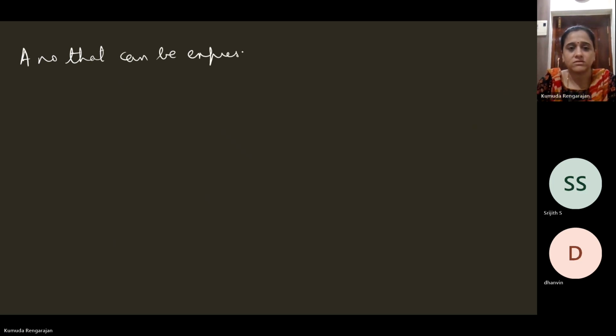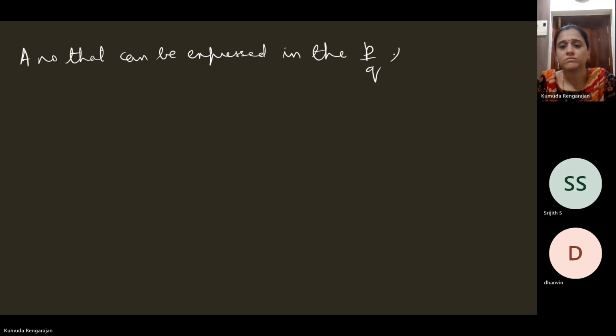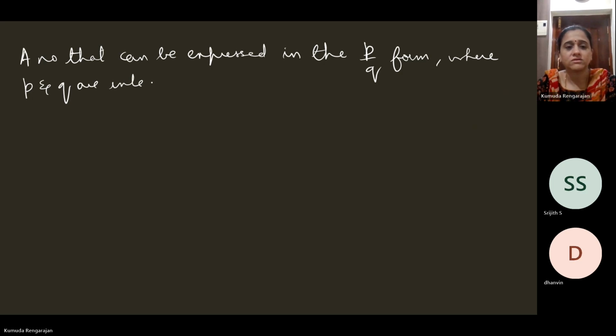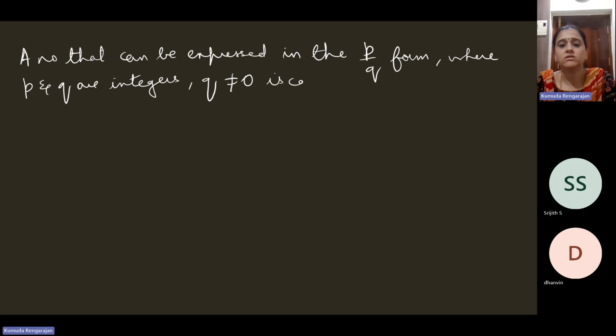Now coming to the definition of rational numbers. A number that can be expressed in the P by Q form, where P and Q are integers, Q not equal to 0, is called a rational number.